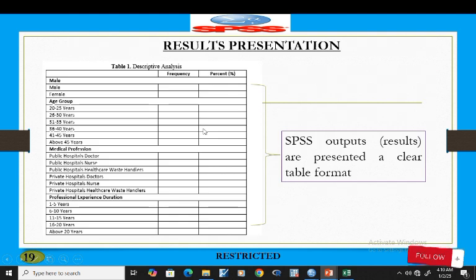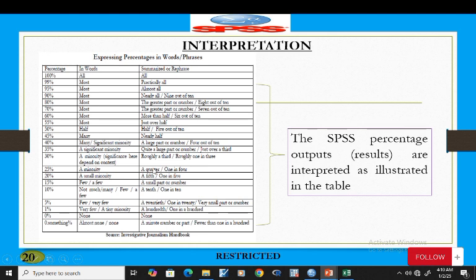Another important thing you need to know is how to present your results. As I said, your presentation of results is very, very important. It's important you present them in a form that is readable for your targeted audience, in tables just like this. The interpretation of figures and percentages is also important.